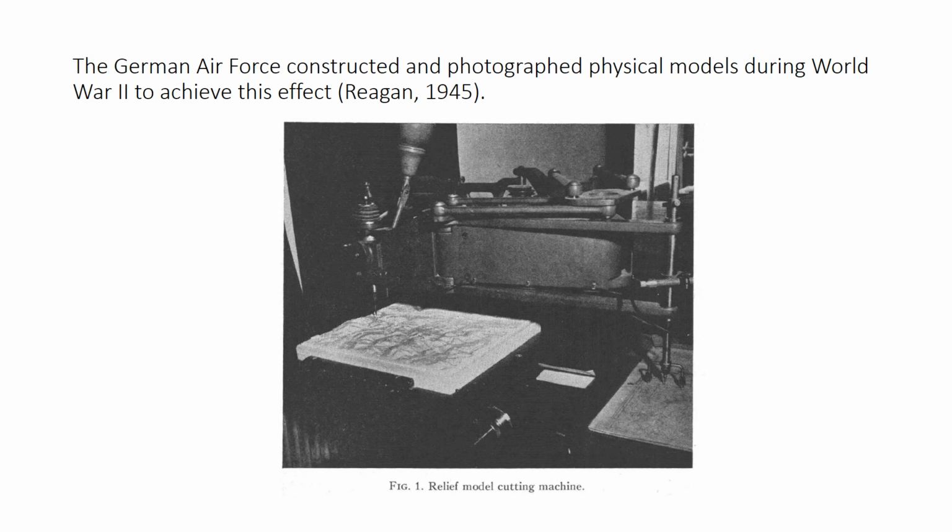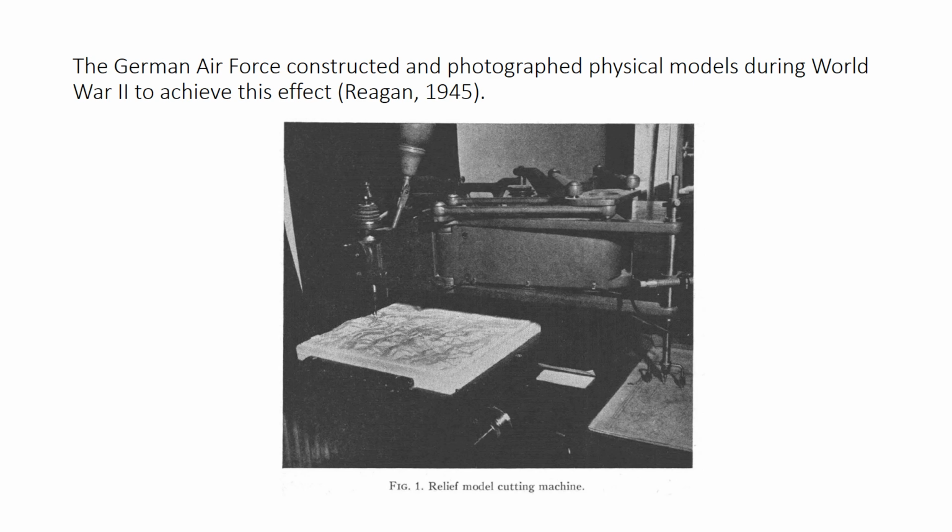Along these lines, there are some really interesting relief techniques that came out of World War II. This is one of, I think, the most interesting ones. This is a German Air Force method of conveying information about terrain to pilots, and they used machines to machine out a physical model of the environment, so what we would know as a CNC machine or something like that.